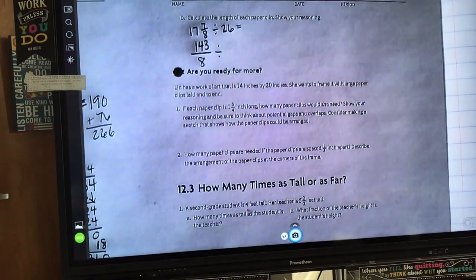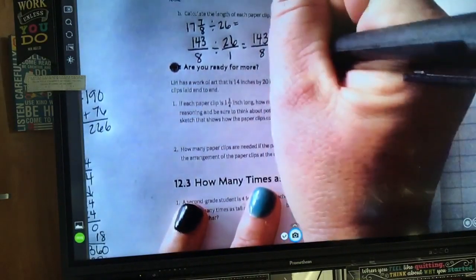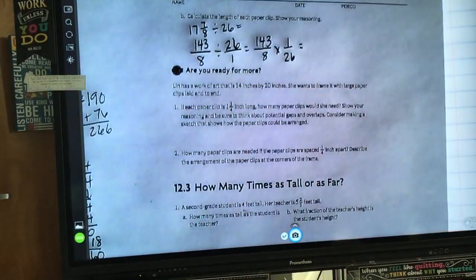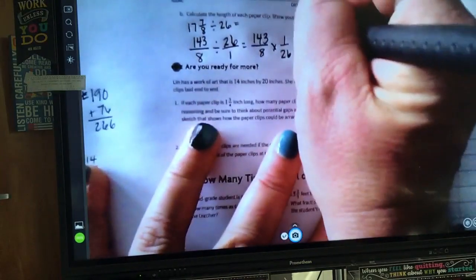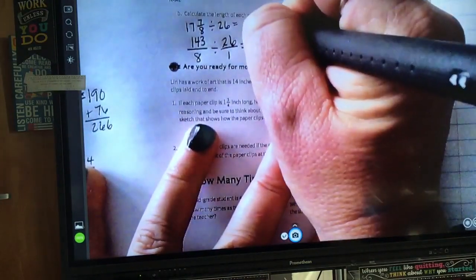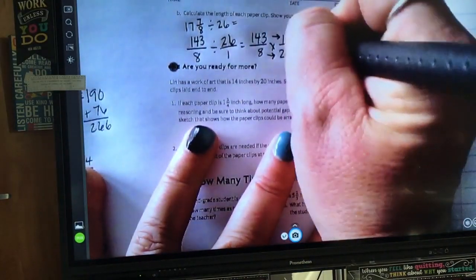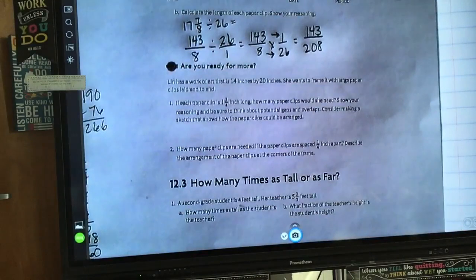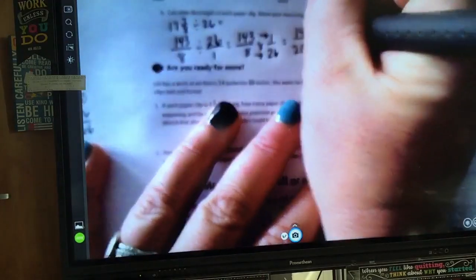Mikhail. Now we do our keep change flip. So we have 143 over 8 times 1 over 26. Then what do we do? Ronnie? You do 143 times 1, you get 143. Then you do 8 times 26, and you get 208. Now, technically we can leave this as this number, but we could also simplify this. Does anybody know what you divide it by?